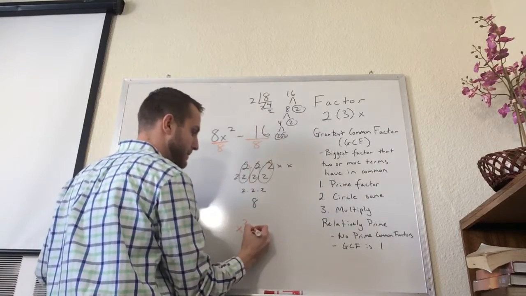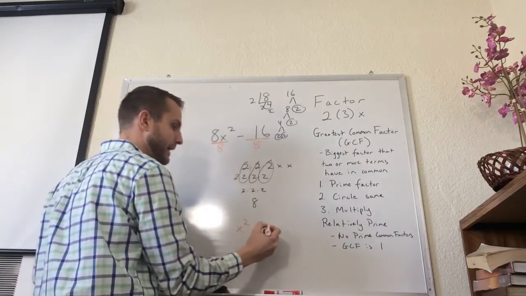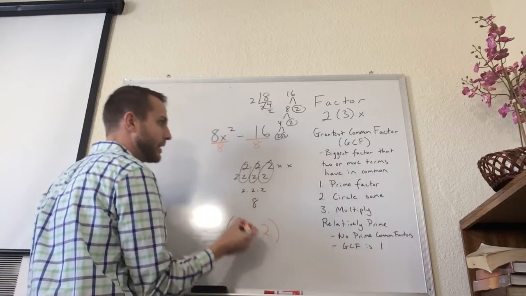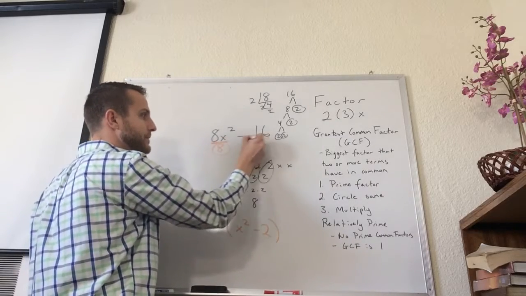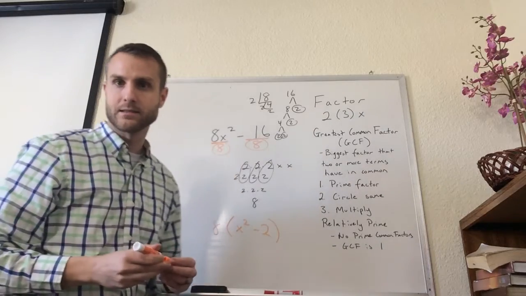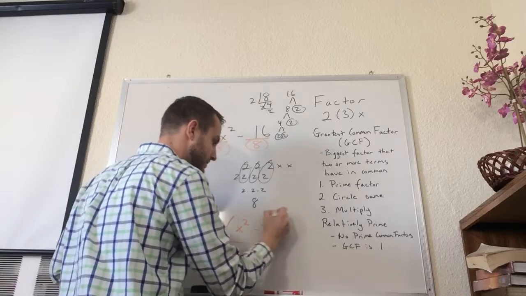Negative 16 divided by 8 is negative 2. So I divided both of these by 8. Now what I'm going to do is I'm going to put my answer in parentheses, and then I'm going to put my greatest common factor outside the parentheses. So now I have factored, this is my final answer.